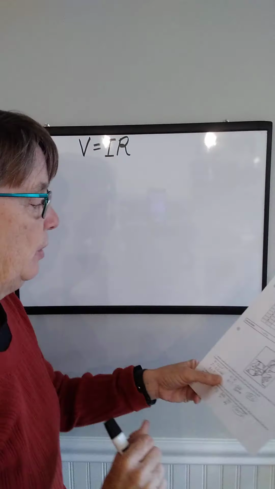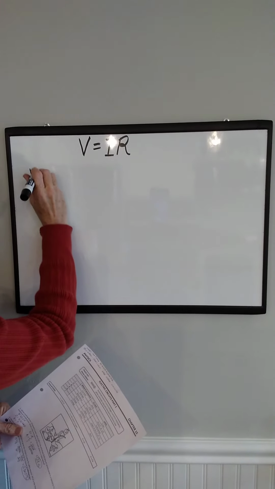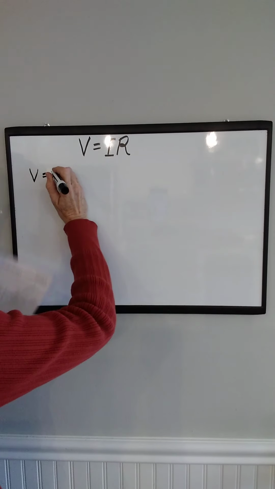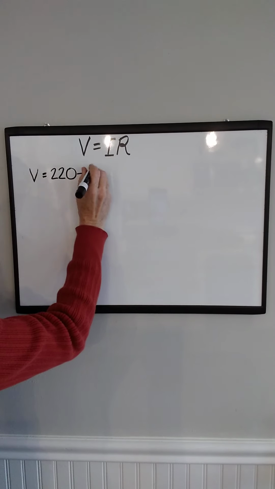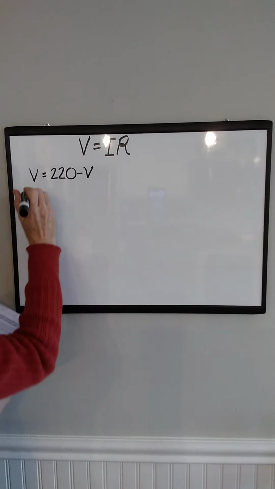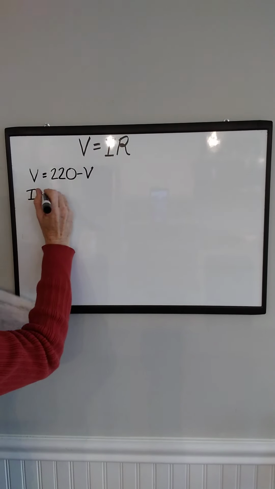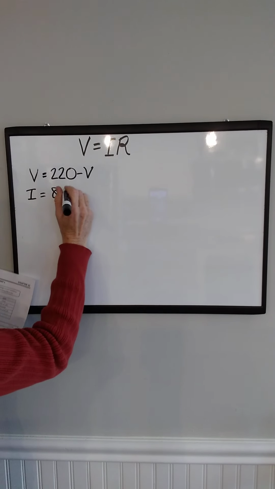The first one: while cooking dinner, Elizabeth's oven uses a 220 volt line and draws 8 amps of current when it is heated to its maximum temperature. What is the resistance of the oven when it is fully heated? So this is just using Ohm's law. I'm going to write the variables down here. Voltage is 220. Current, which is amps, is 8 amperes.